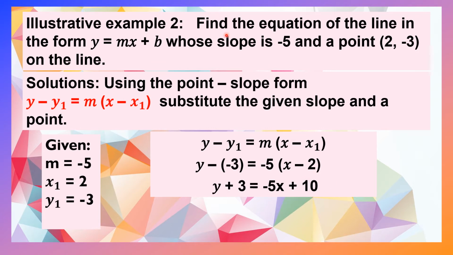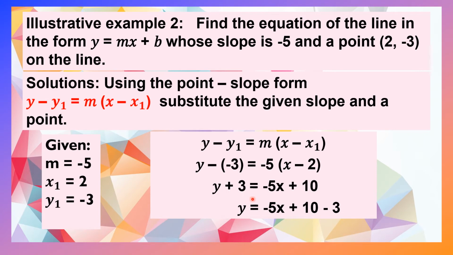Ngayon, yung problem, sabi niya, isulat natin yung equation of the line in the form y equals mx plus b. So, dapat dito sa ating left side ay y lamang. So, kailangan nating ilipat yung positive 3 sa kabilang side. So, pag nilipat natin yung positive 3, magiging negative 3. Then, ang natira na lang dito sa left side ay yung y.